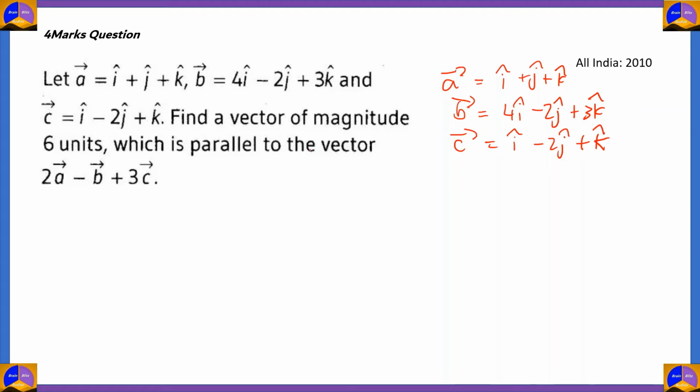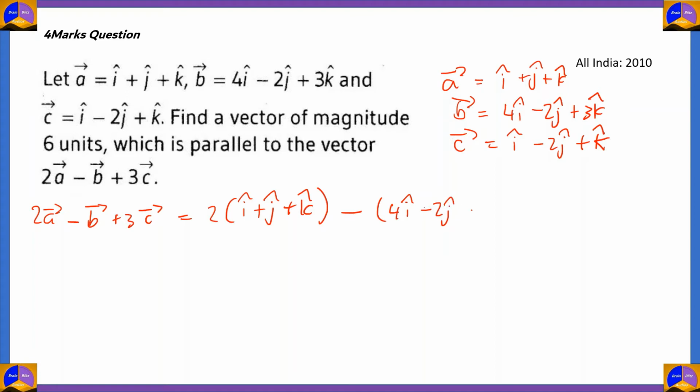Now let's find the vector to which our required vector is parallel. In this case, that vector is 2 into vector a minus vector b plus 3 into vector c. So that'll be 2 times i cap plus j cap plus k cap, minus 4i cap minus 2j cap plus 3k cap, plus 3 times i cap minus 2j cap plus k cap.